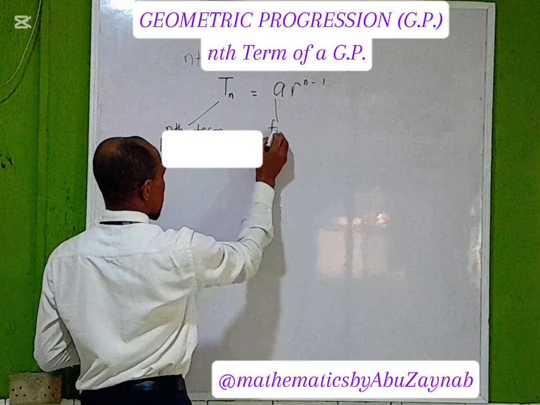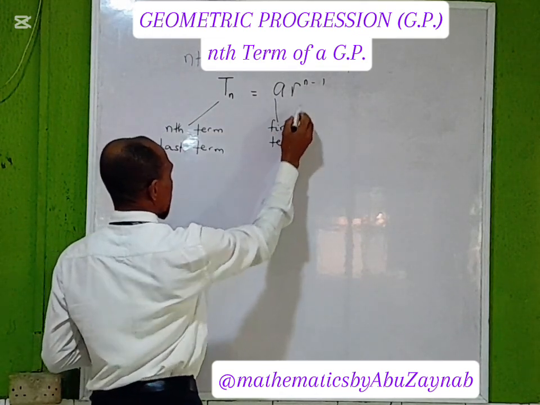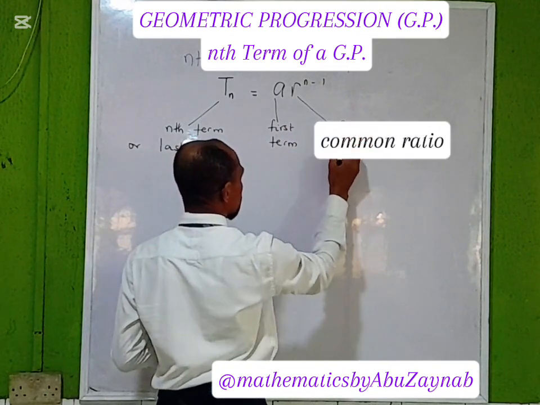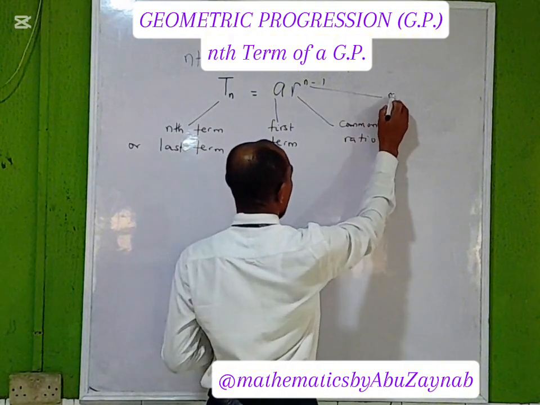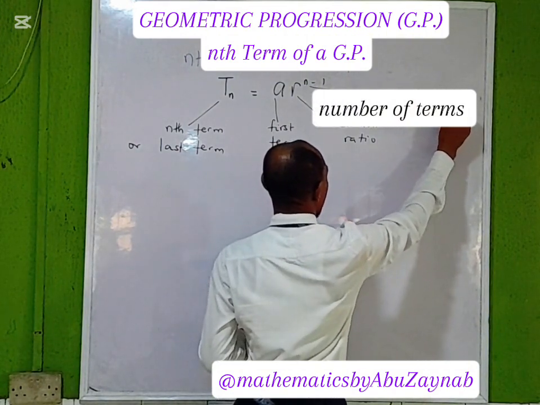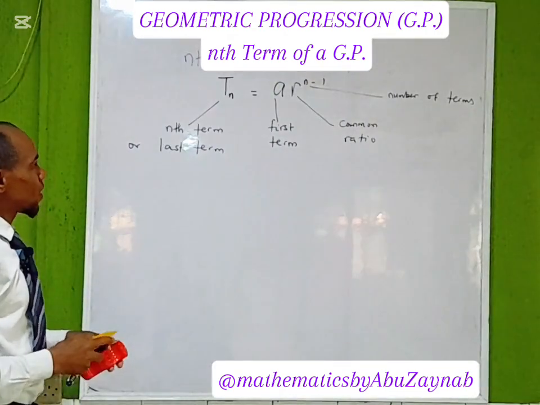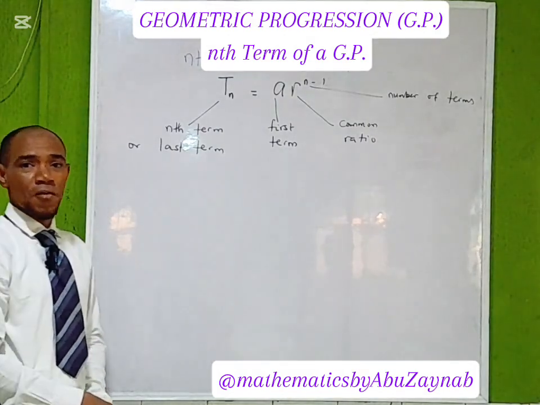A is our first term in the sequence, and R is the common ratio, whereas n is the number of terms in the sequence. So these are the basic concepts we'll be looking at in the formula for the end term of a GP.